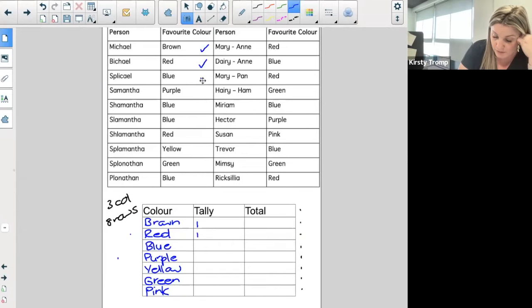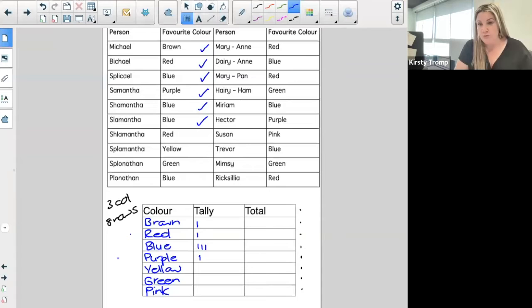Then I've got blue, tick there, blue, purple, I have another blue, tick, and a line next to blue, another blue, tick, and line next to blue.